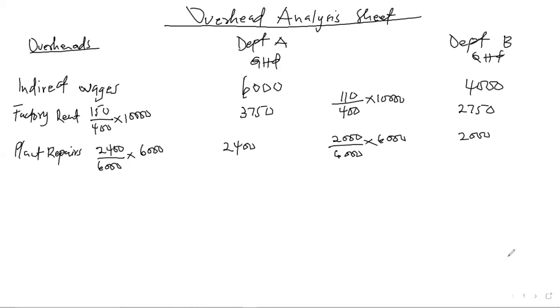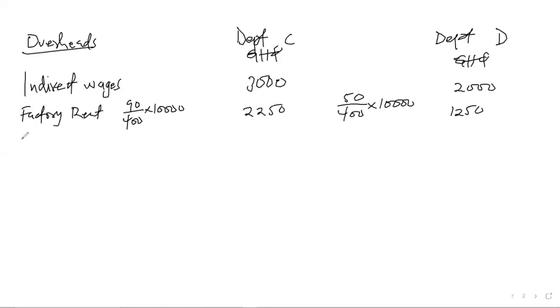Then we move to the next one, which is department C. For department C, the value of the plant is 1,000. So 1,000 divided by 6,000 times 6,000 will give us 1,000.